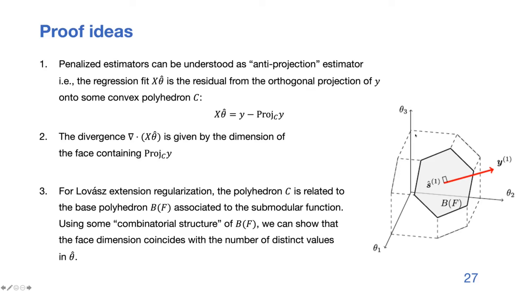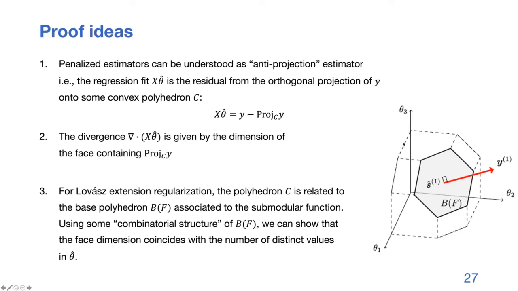So for example, in this figure, let's say the polyhedron is this hexagon, and y is here, and then the divergence of the regression fit is given by the co-dimension of the face dimension.